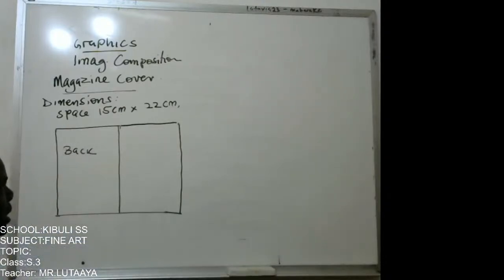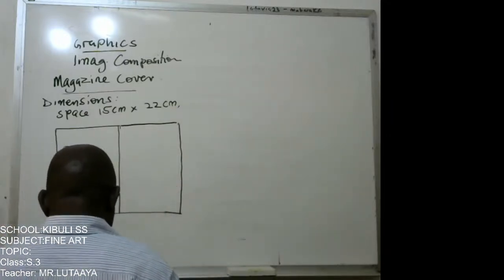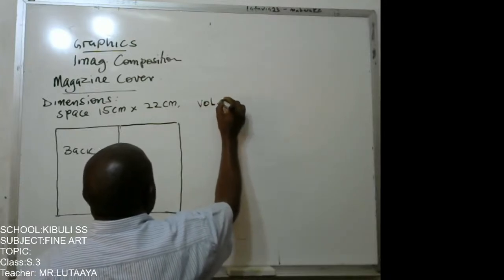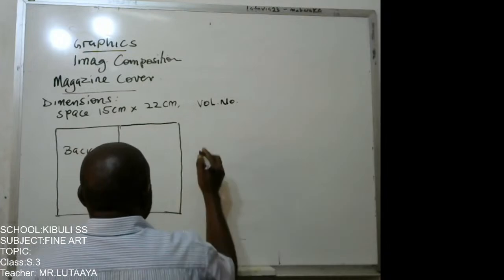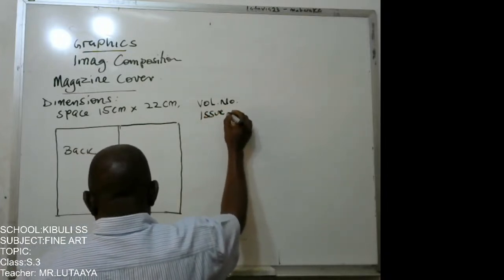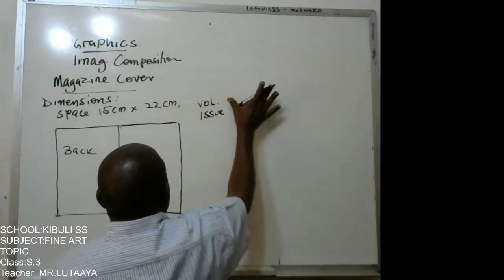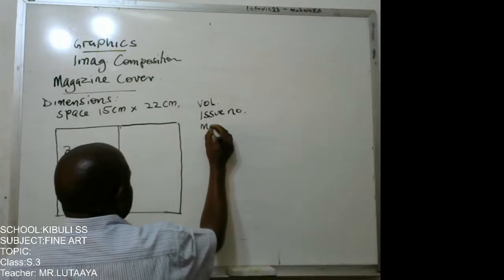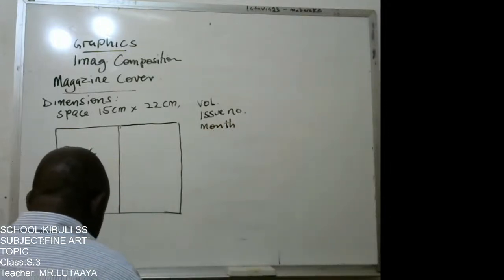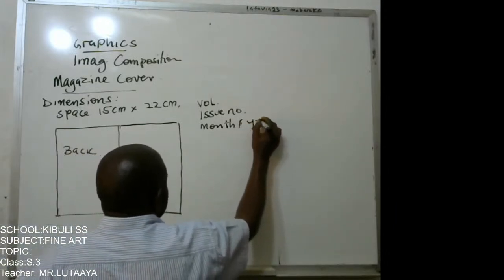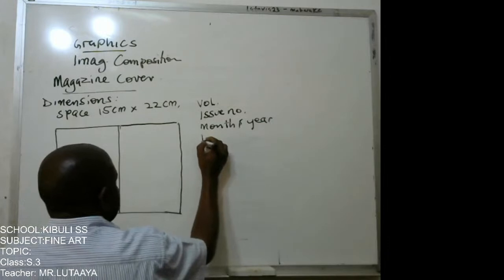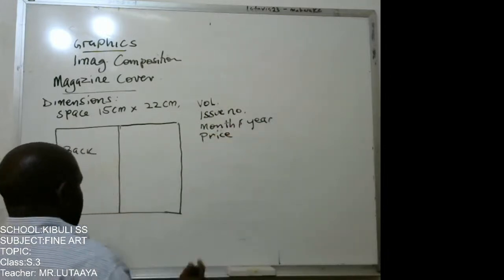Normally when you look at the magazine, the front has the volume number, then the issue number, then the month and year, then the price. Magazines are not for free, so it has a price.